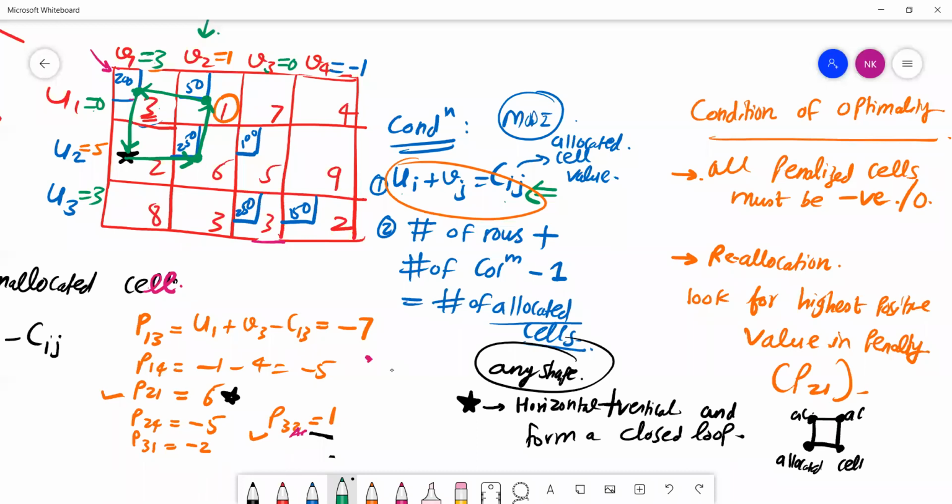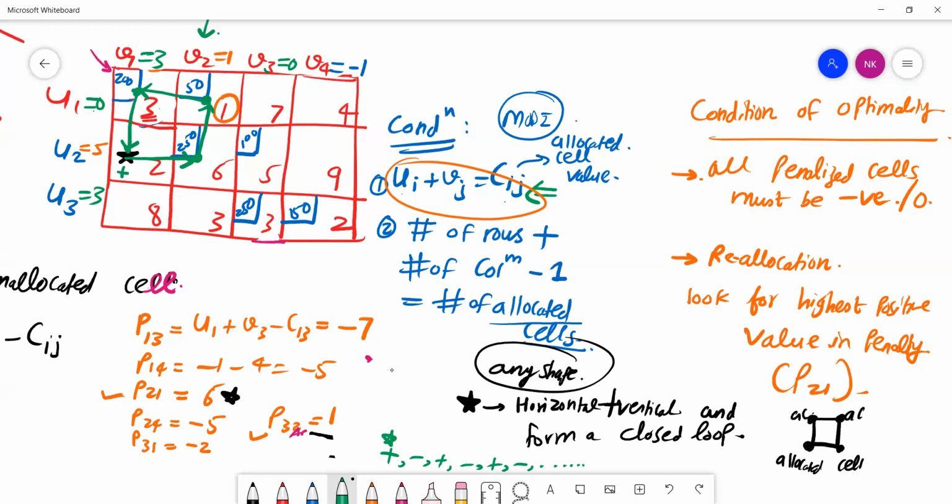Now, what is the next step? Just give positive, negative, positive, negative, alternate signs to the corner points, starting from the star. So this was the star, the starting point.